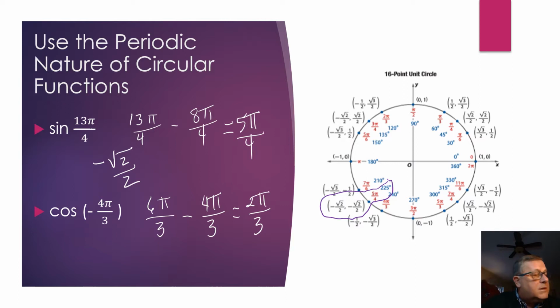Once again, once I see a trig function expressed as something pi over 3, I know that cosine is going to be 1/2. I'm not sure if it's positive or negative because I have to figure out the quadrant. And the sine is going to be square root of 3 over 2. I want to find 2 pi over 3. So I came this way, going clockwise.